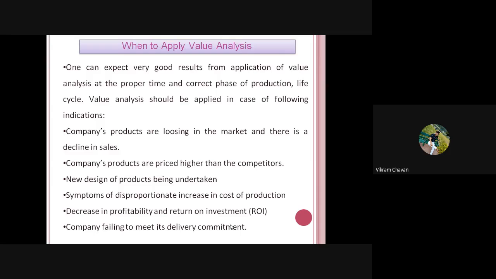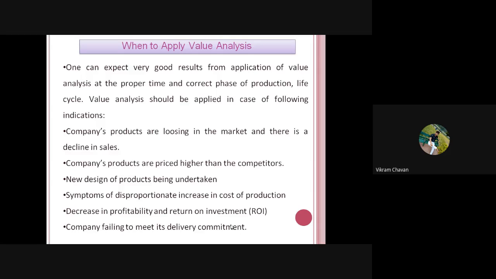Now next is when to apply value analysis. Remember that value analysis techniques are used on products which already exist in the company, that is, production is going on and sale of that product is going on in the market.